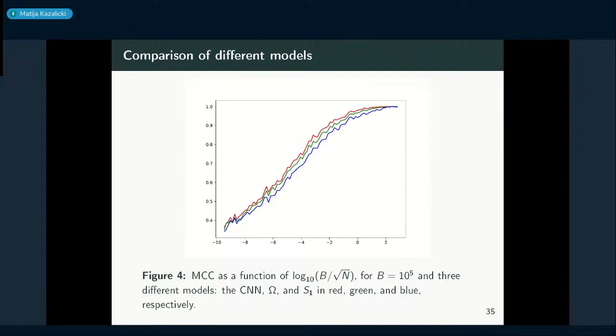On the y-axis we have the MCC of those models. Here we have chosen CNN, omega, and S1, and you can see that the quality of classification for CNN is better than those two in each interval.